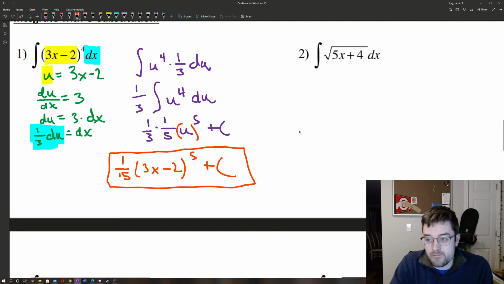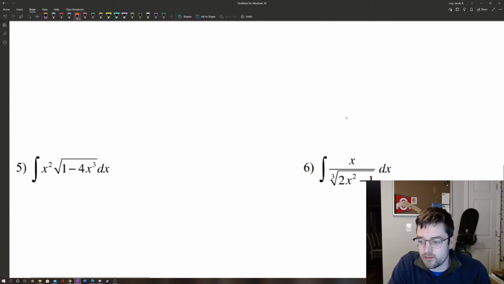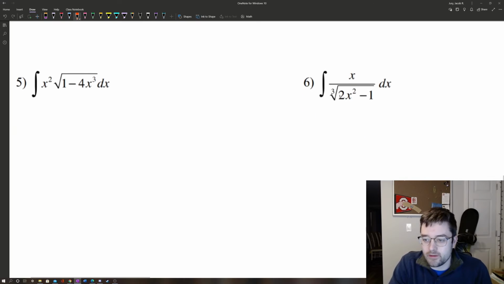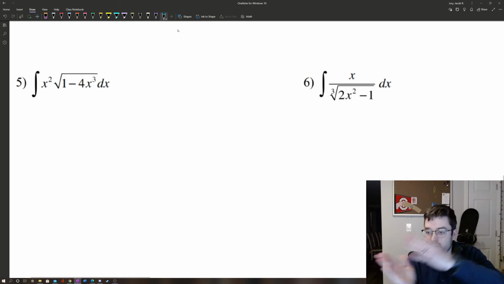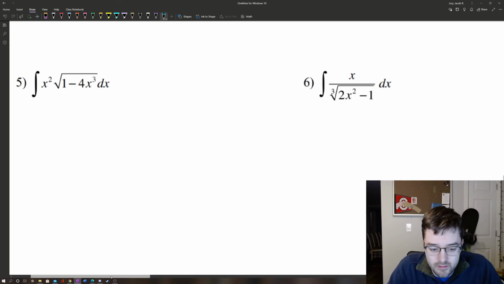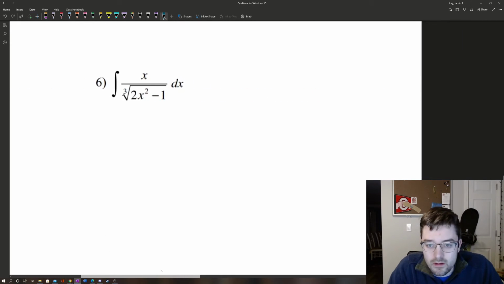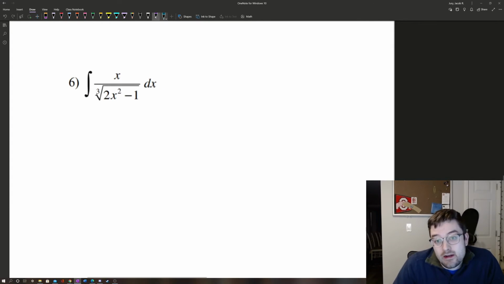Now, I'm going to do a rather difficult one here in number 6, so that you can see this and have a full spectrum of things to carry on with. And let me scroll over here. This problem looks really nasty.